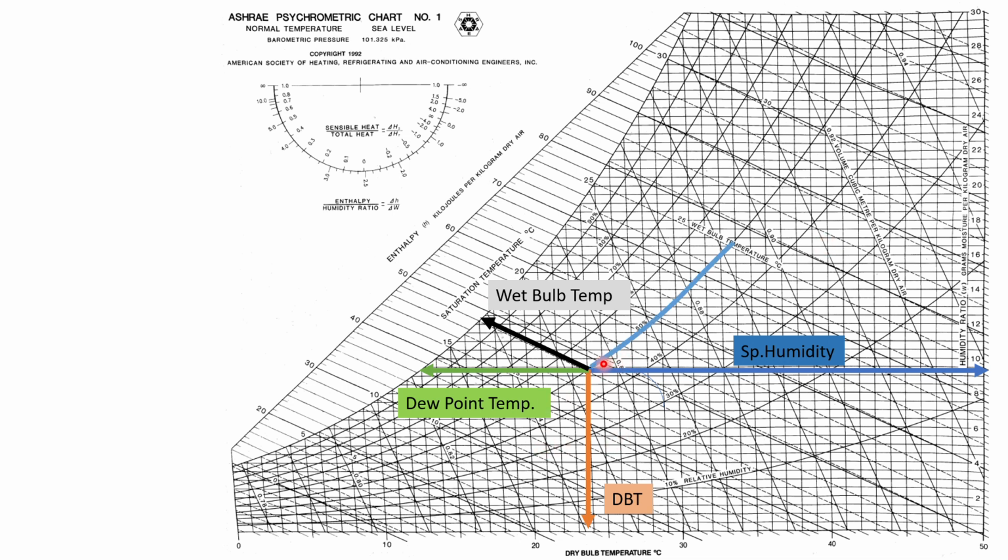These inclined lines are nothing but relative humidity lines. And if you follow this line parallel to this black color line, that will give the specific volume.